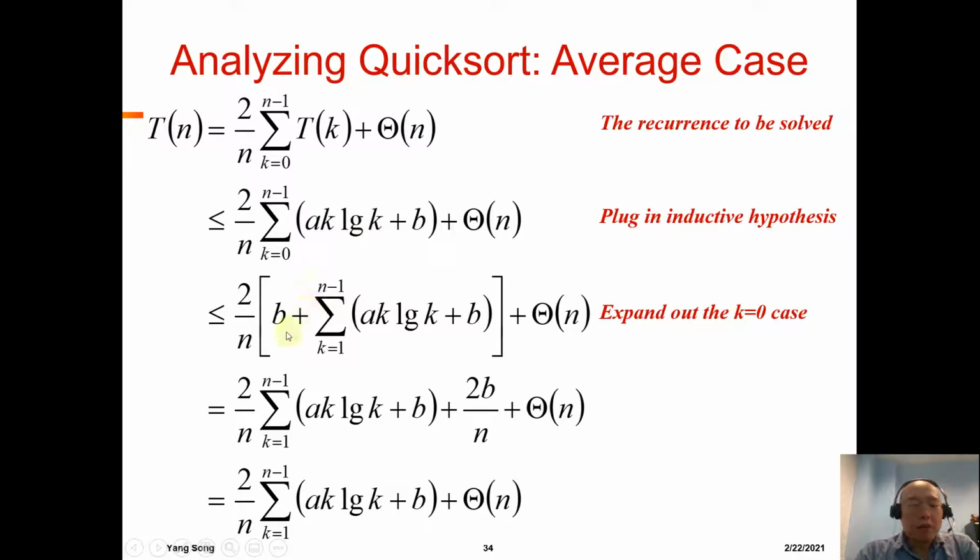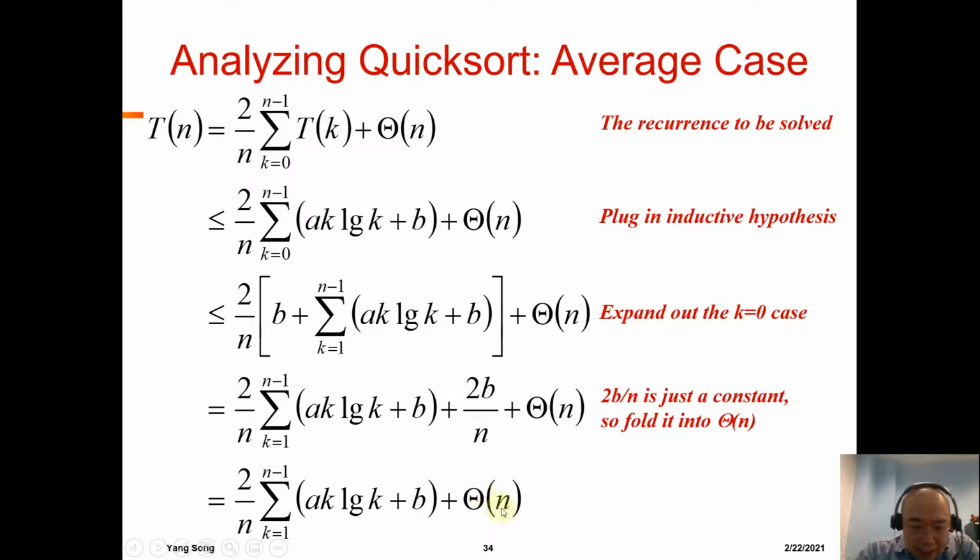So we want to extract that B out, and that B is for k equals 0. Okay, and then what do we do in the next step? For the next step, we are taking this B out, and then this B will become this term. Okay, and then we got this part.